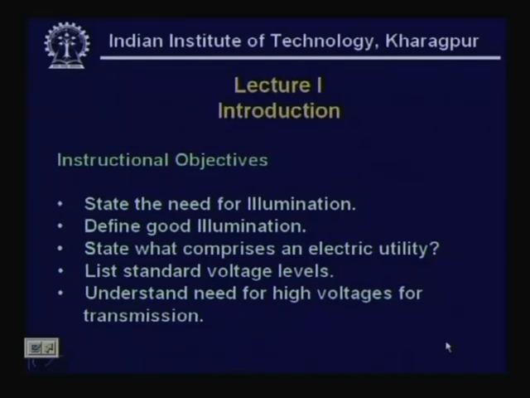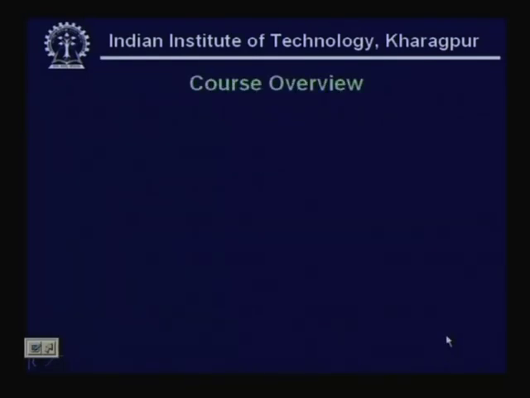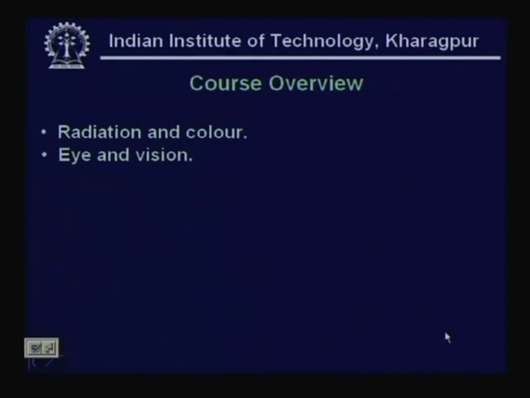So, these are the major instructional objectives, and at the end of the course one must be able to understand these instructional objectives. The course overview is as follows. The course overview begins with the radiation and color, the eye and vision, obviously because most of our illumination is sensed through our eyes.